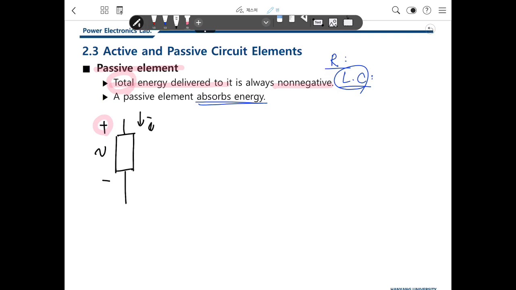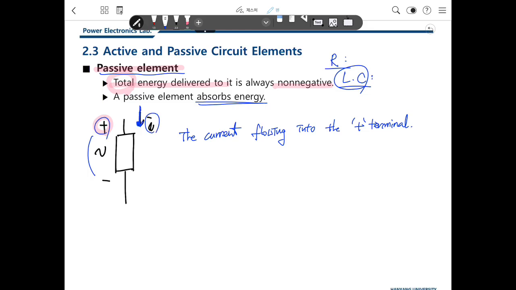The important thing is the current flowing into the plus terminal. So we define the direction of the voltage and the direction of the current. In the case of a passive element, we define the current to flow into the positive terminal of the voltage.